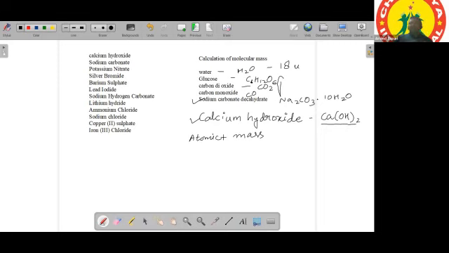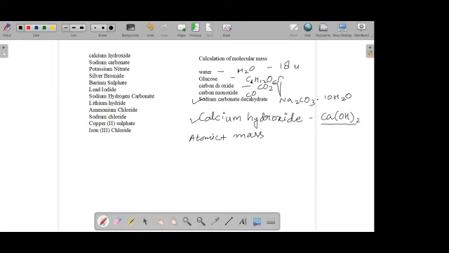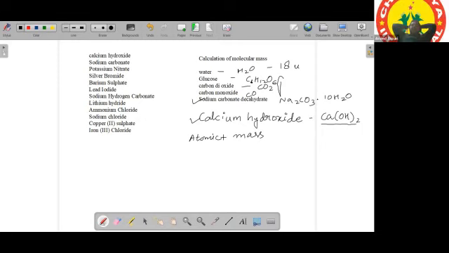Smith, how many have you done? I'm on the second one, sir. Okay. Any help you require, you can tell. For example, for sodium, the atomic mass is 23 u. For calcium, the atomic mass is 40 u.